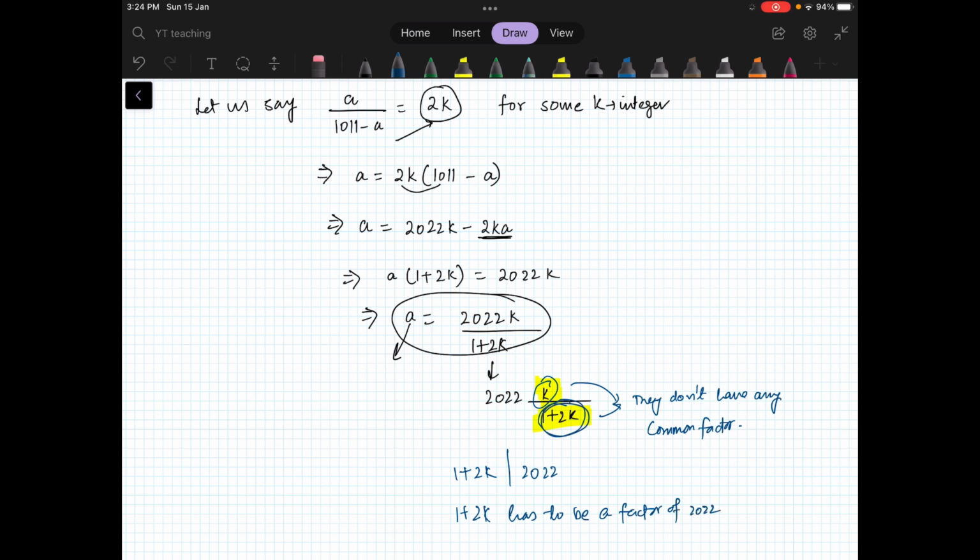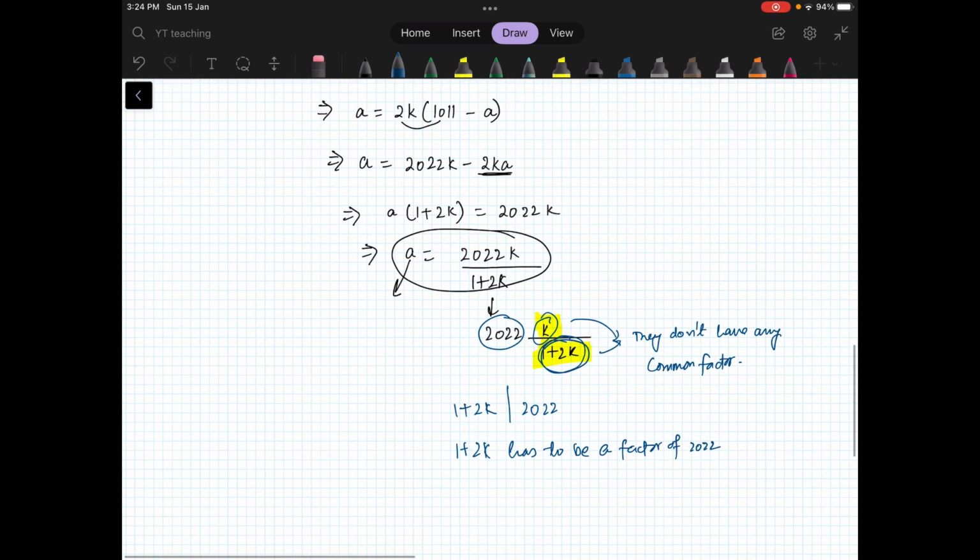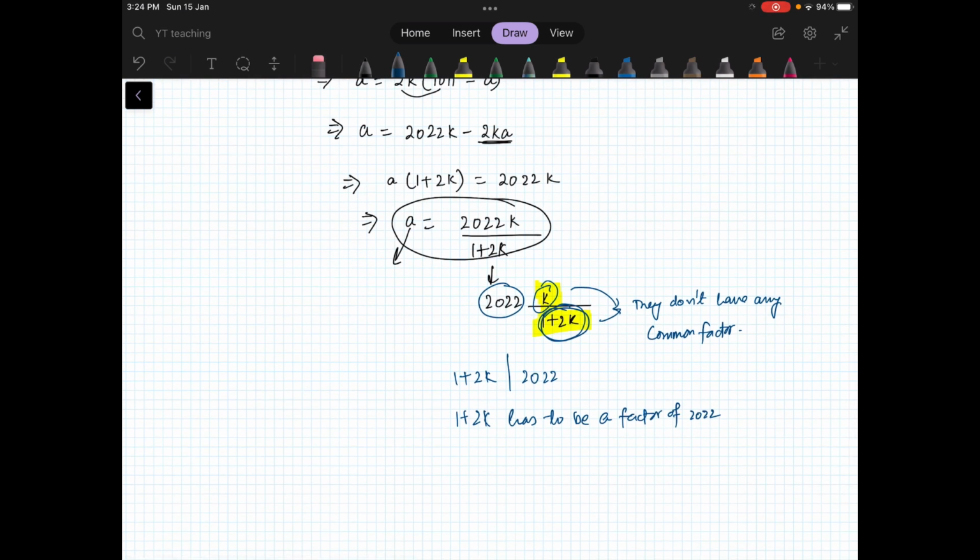If it does not divide this, then you don't have an integer, you have a rational number, like a fraction. So you want this, right? And this is an odd number. Can you see that? Because 1 plus 2k is an odd number.